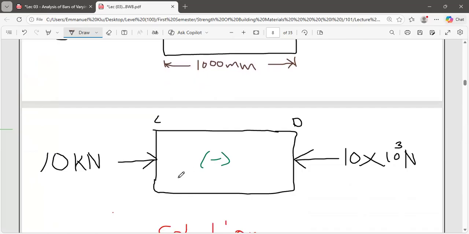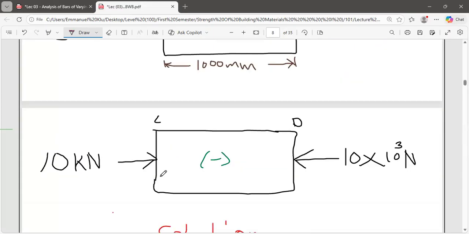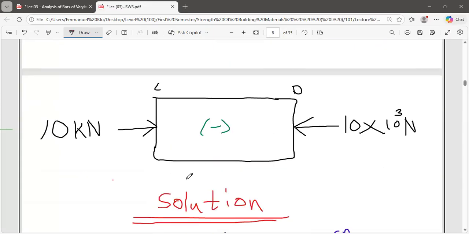So over here to the last one, what can we write? You see that this is 1.20. If you multiply it by 1,000, what are you going to get? Multiply 1.20 times 1,000 and tell me the answer. You're going to get 1,200.